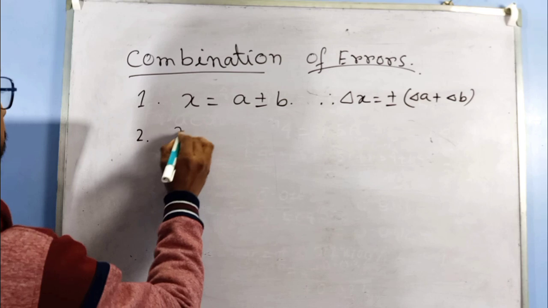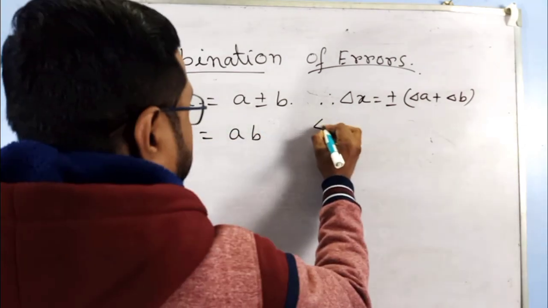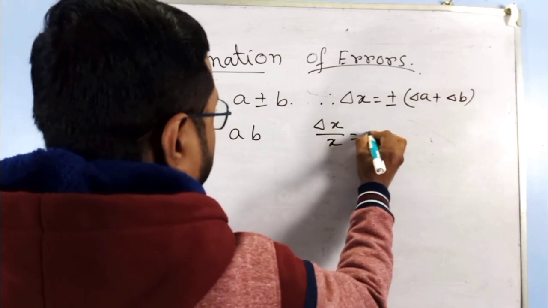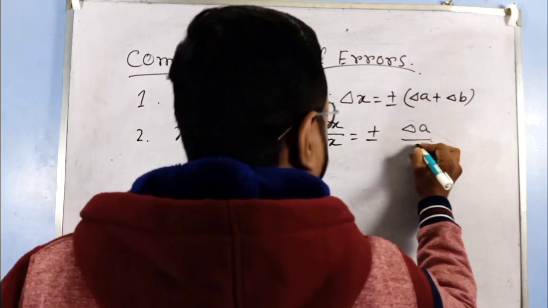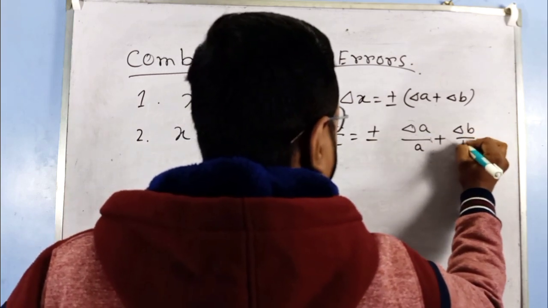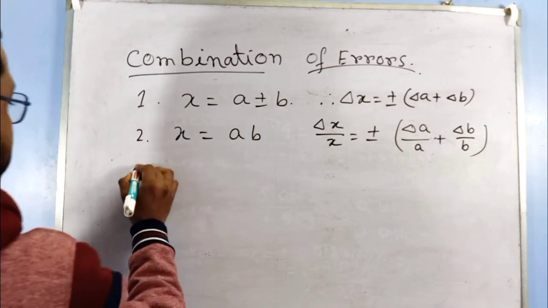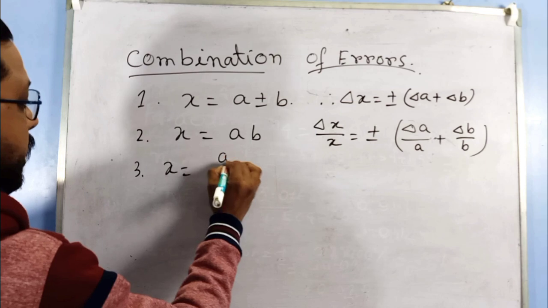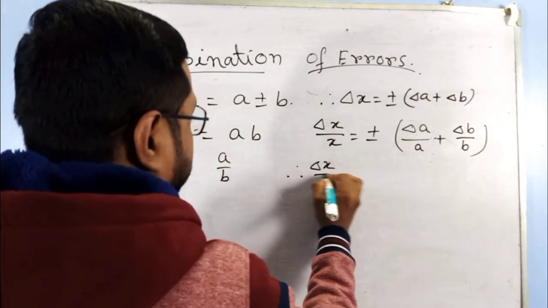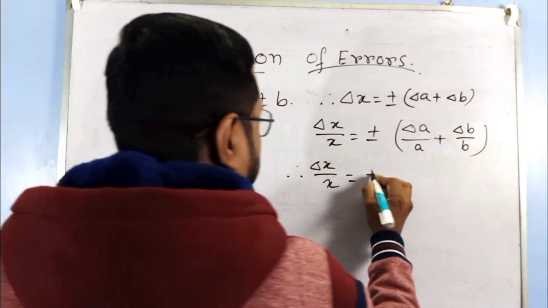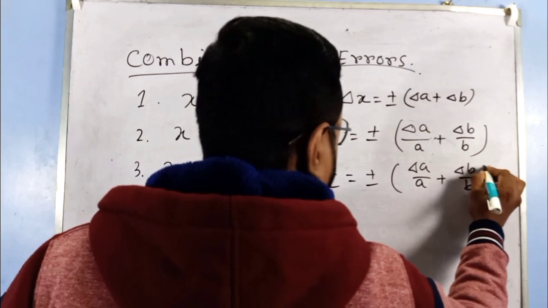If x equals ab, then delta x upon x equals plus minus delta a by a plus delta b by b. If x equals a by b, the same formula applies: delta x by x is plus minus delta a by a plus delta b by b.